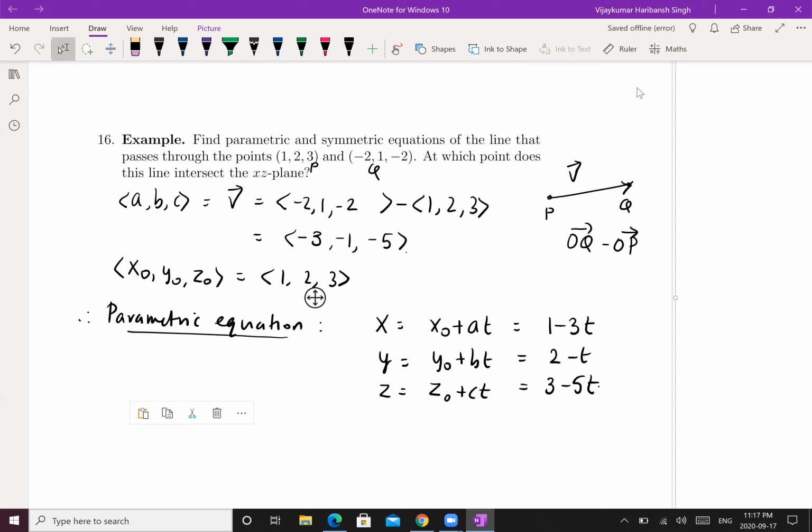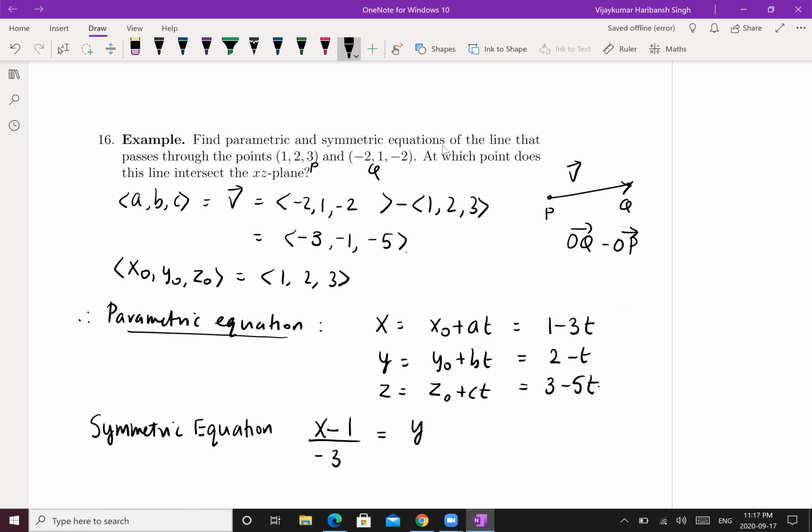Then the symmetric equation is given by x minus x0, which is x minus 1, divided by the direction component, which is minus 3, equals y minus y0, which is y minus 2, divided by minus 1, equals z minus z0, which is z minus 3, divided by minus 5.